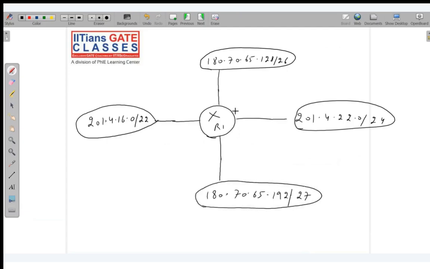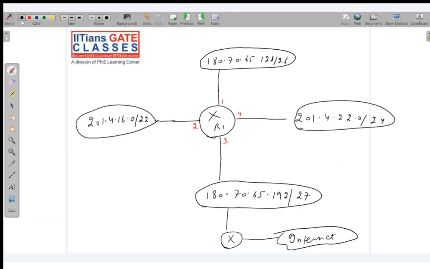Okay, so now these are the ports. For example, I label them as port number 1, port number 2, port number 3, port number 4. This is a scenario, and this LAN is connected with another router, and this router connects it to the rest of the internet. Okay, so this is the exact scenario.